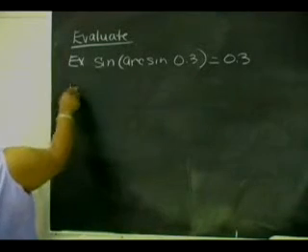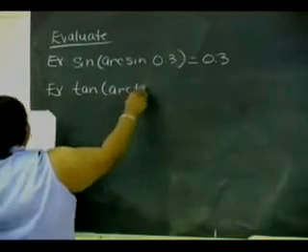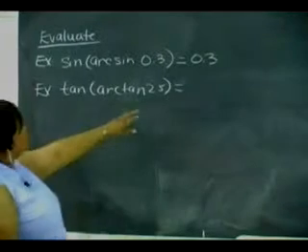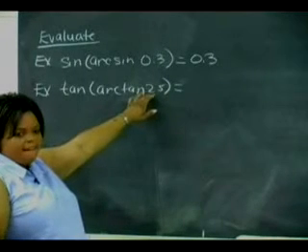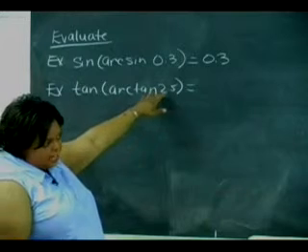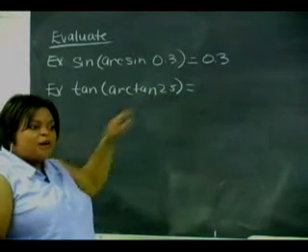How about this one? Tangent of arctangent 25. So does this 25 represent x or y? By that property over there, tangent of arctangent of what? X. This represents x. Is that in the proper domain for x?